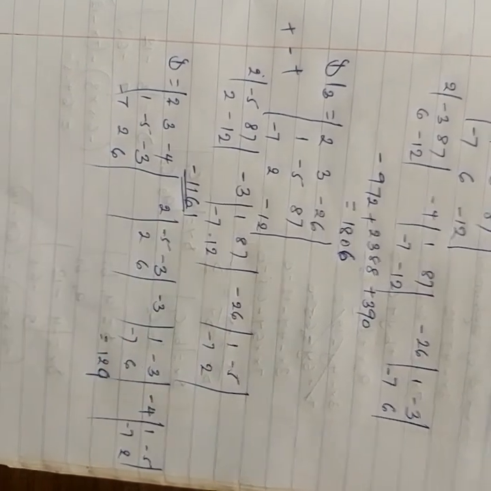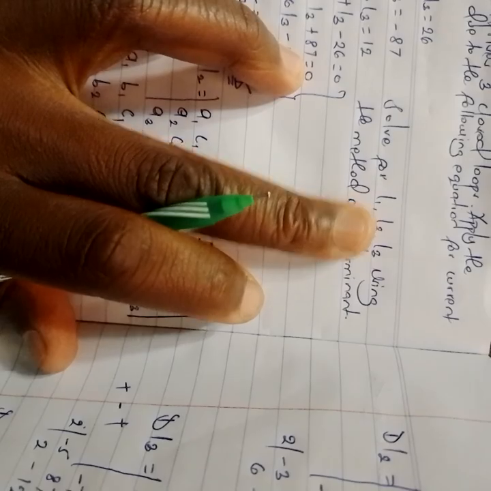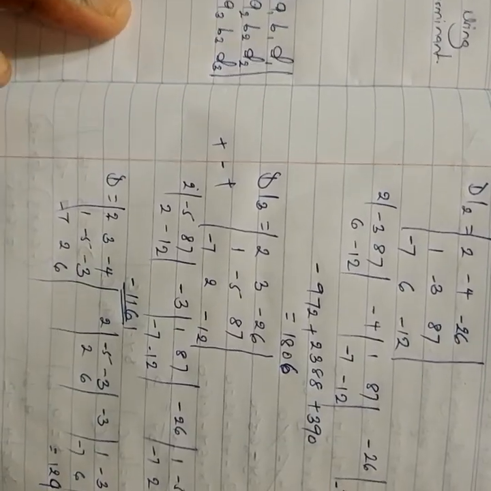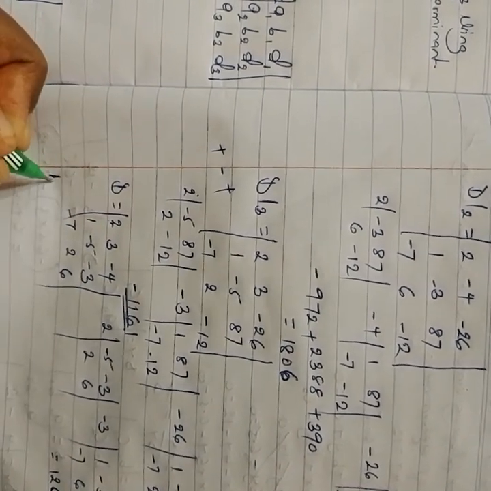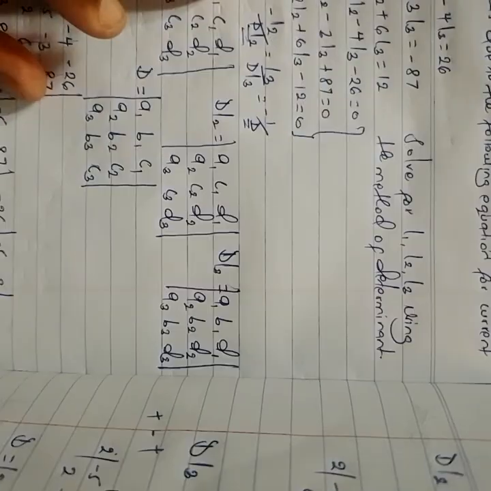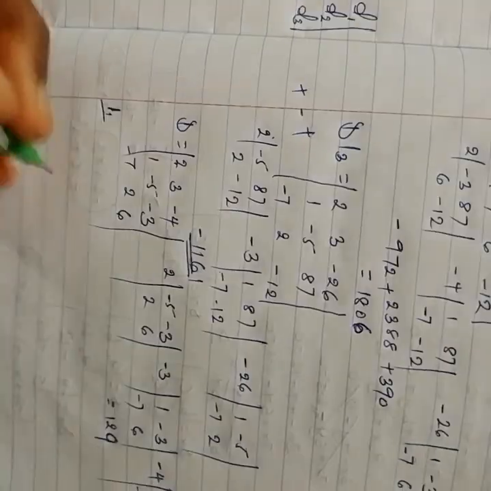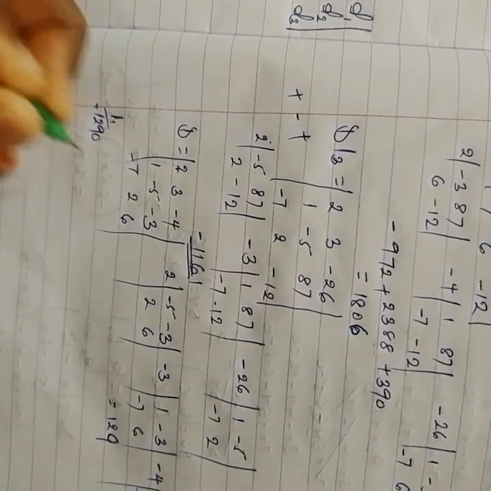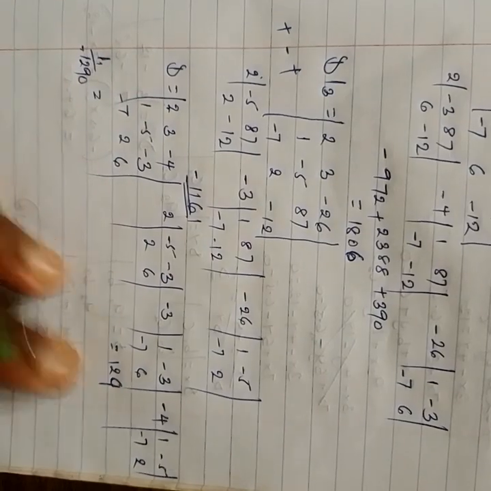Yes, so we want now to find the values as in the equation L1, L2, and L3. Now we have to replace. We start with L1 over DL1, and DL1 was negative 1290, equal to 1 over D, and our D is 129.